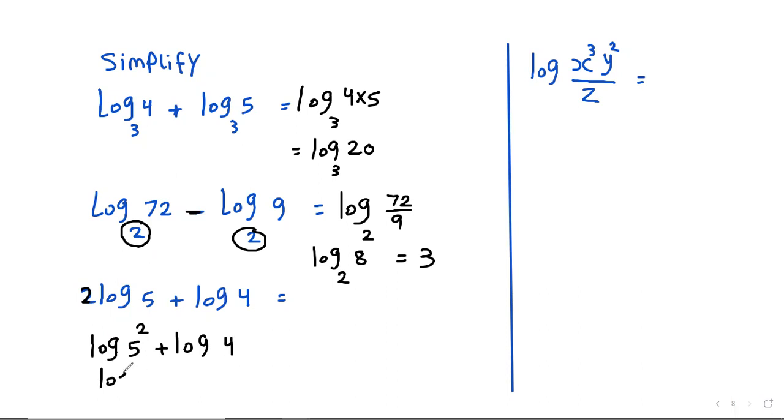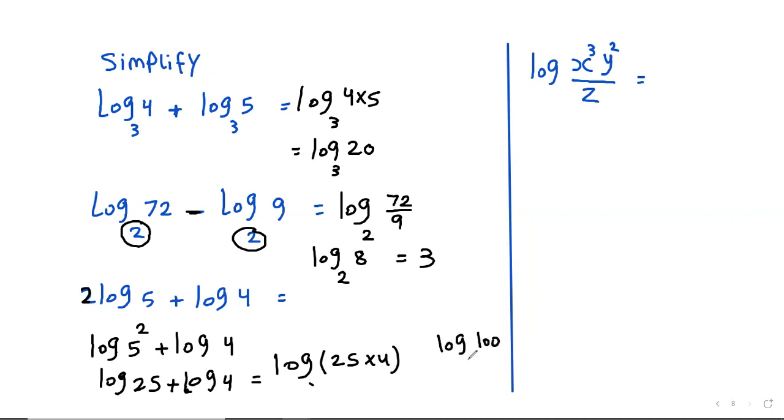So log 5 to the power of 2, it's log 25 plus log 4. Okay, and here we can use the multiplication rule. It's log, you multiply 25 times 4, in the base 10. It's not written, but we deal with it as 10. So it's log 100 in the base 10. So equals what? Equals 2.